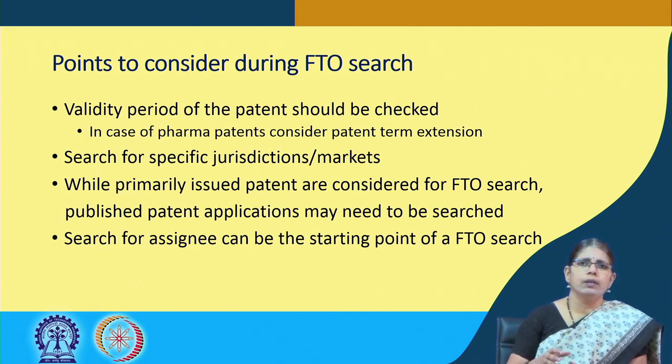So, while the FTO search is centered around looking at granted patents and patent information, the FTO search also reflects on a lot of general business information that you are actually cataloging. So, you are actually trying to understand where the products of the competitor are in the market and where the competitor's business and business interests are.